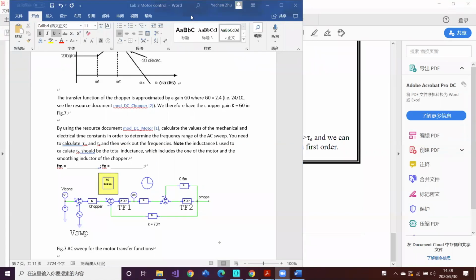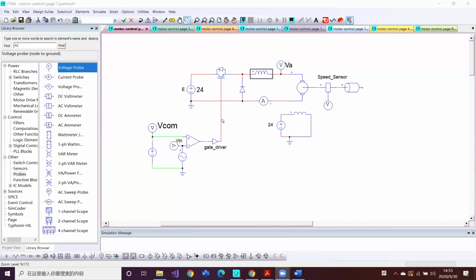You only need to upload one report for lab 3. After we finish lab 3, you then write the lab report. So this is all about today's lab. We finished part 1, and for the week after mid-break, we will do part 2 together.